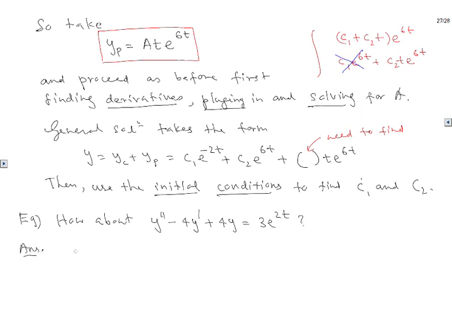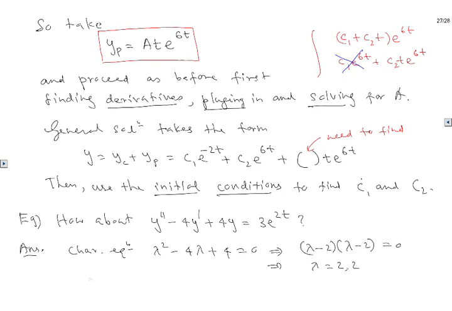So let's discuss this one. The characteristic equation is lambda squared minus 4 lambda plus 4 equals 0. So that means lambda minus 2, lambda minus 2 equals 0. So that means lambda equals 2 and 2.